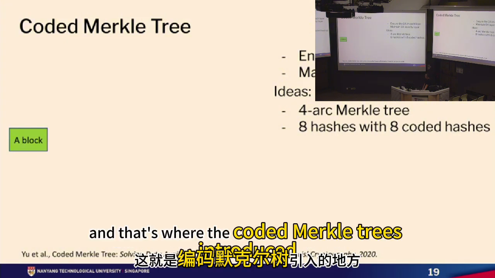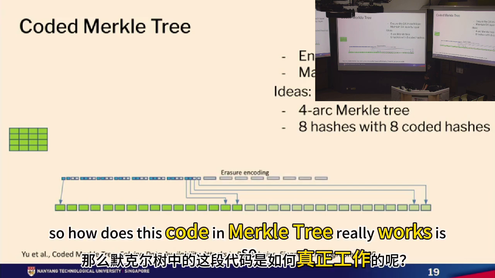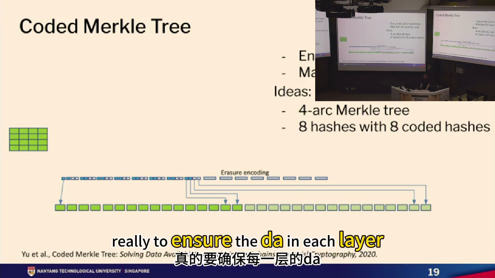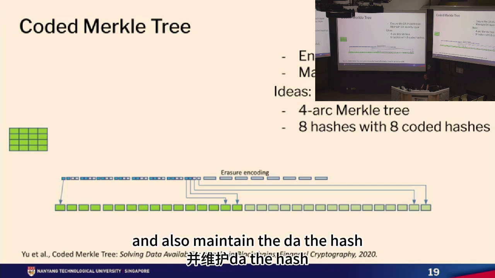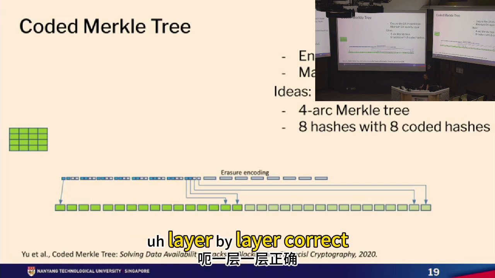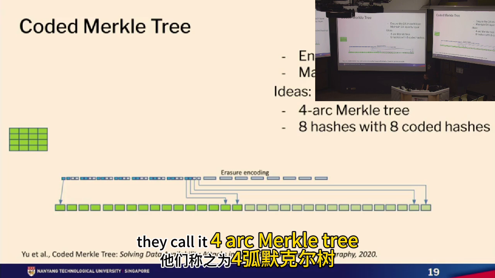That's where the coded Merkle tree is introduced. How the coded Merkle tree really works is: to ensure the data is available in each layer, and also to keep the hashes correct layer by layer, we introduce what we call a 4-ary Merkle tree.